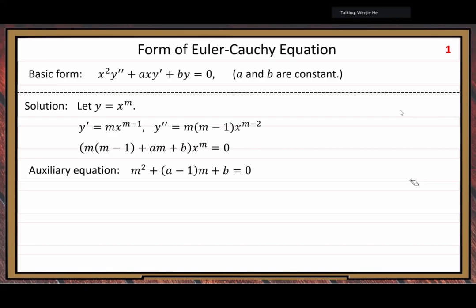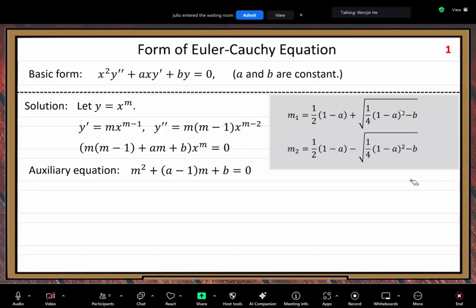And m gives the roots of this quadratic equation, and it could be any number. It's not necessarily an integer; it could be real or complex. Then next, we apply the quadratic formula and we get m1 and m2.